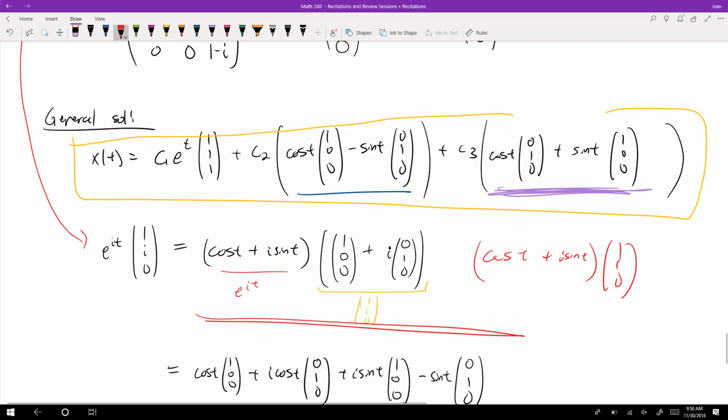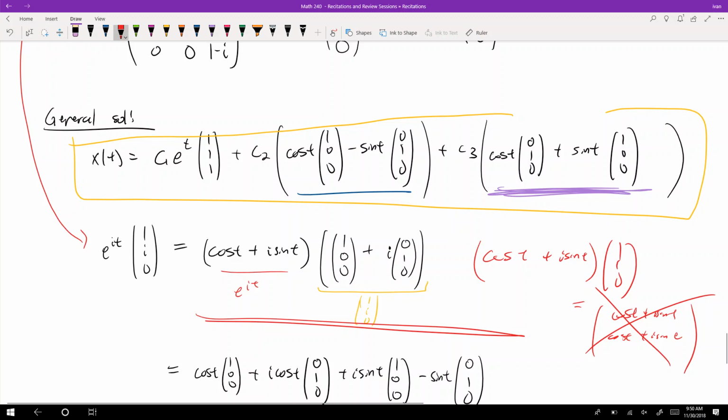But now this is just equal to cosine t plus I sine t, cosine t plus I sine t. That's wrong. So you can't just do that. Okay, so you have to keep that I in till the very end. That's a good question though. Any other questions? All right.